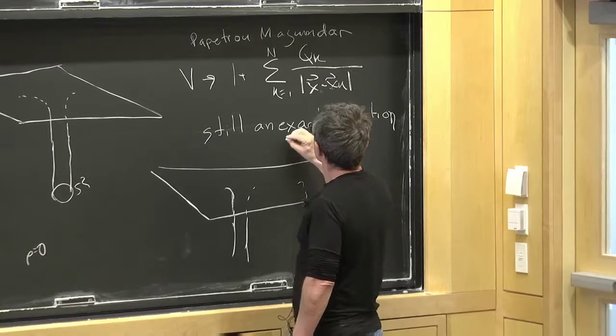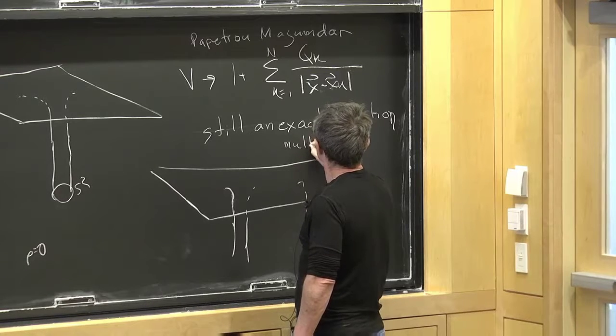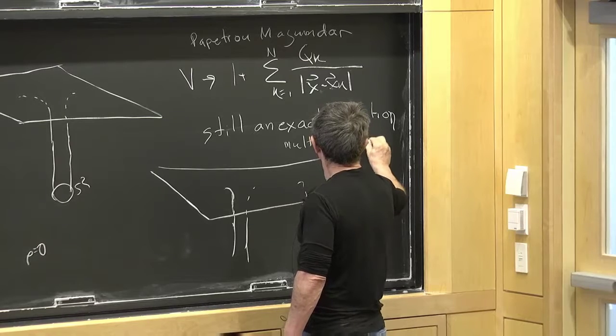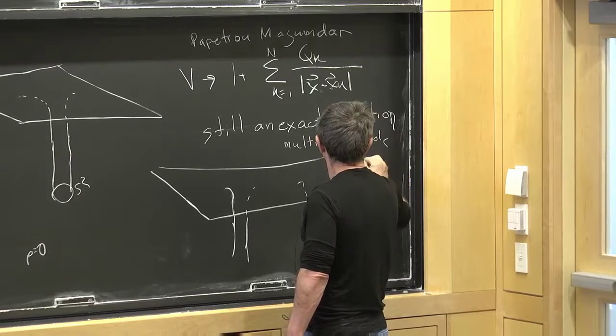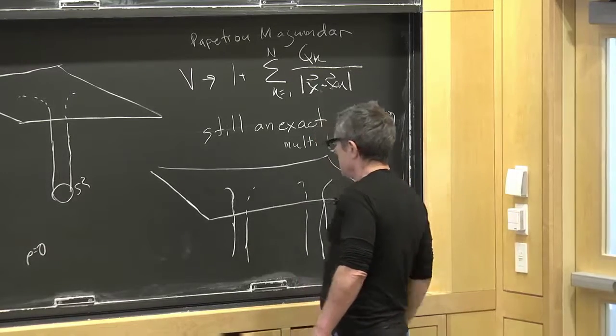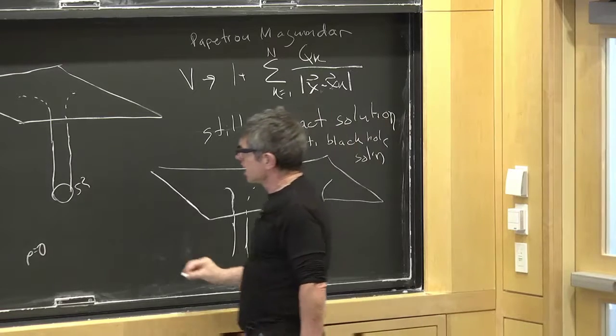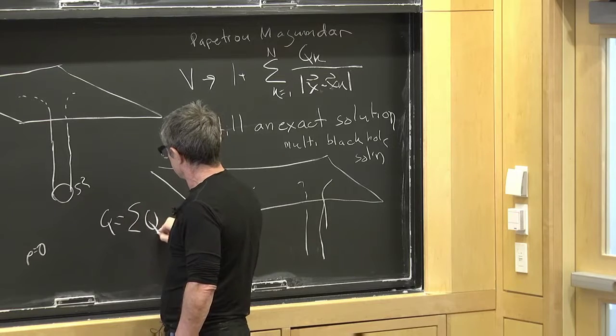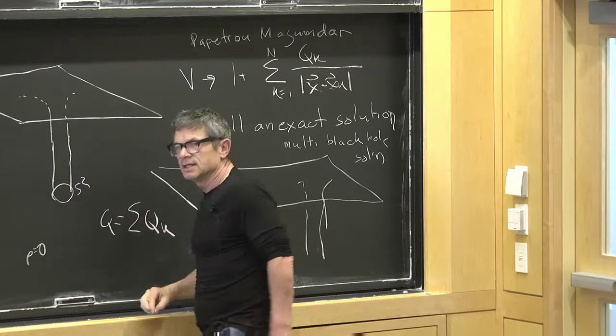It's a multi-black hole solution. And the total charge is the sum of qk.